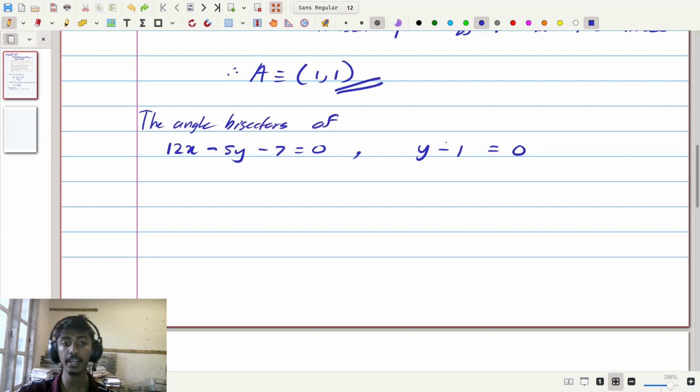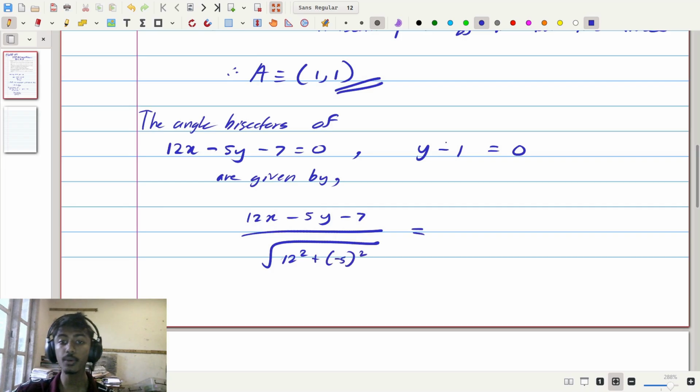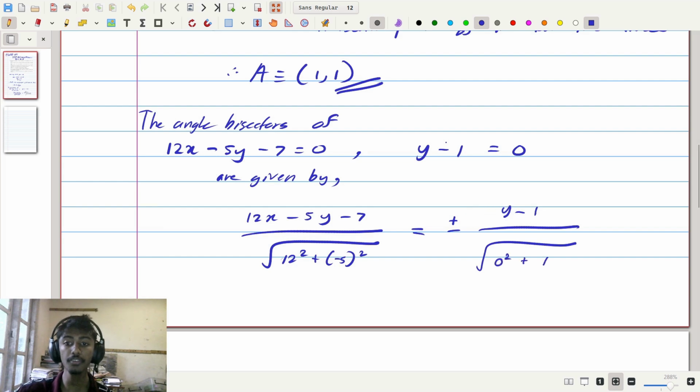of these two lines are given by, and we can directly substitute our knowledge and say the first line is going to be (12x minus 5y minus 7) divided by the square root of these two numbers squared, which is going to be the square root of 12 squared plus negative 5 squared, equals plus or minus the second line, (y minus 1), divided by the square root of a squared plus b squared, which is going to be 0 squared plus 1 squared.